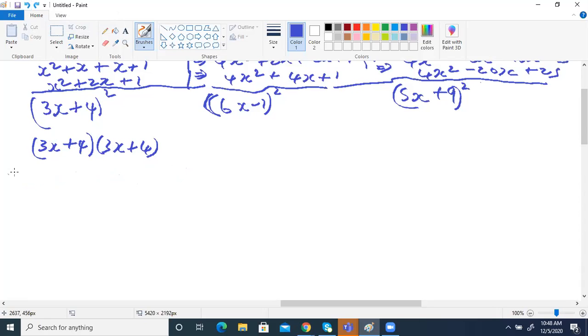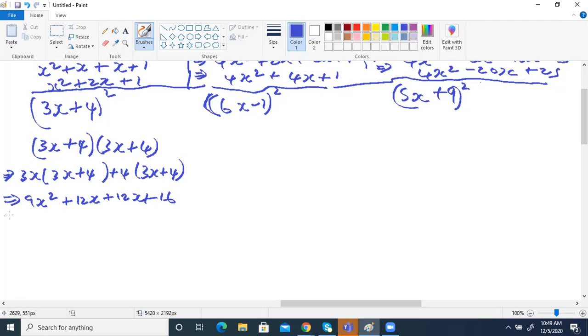So this becomes 3x plus 4 times 3x plus 4, so 9x squared, 12x, 12x plus 16. So 9x squared plus 24x plus 16. Lovely.